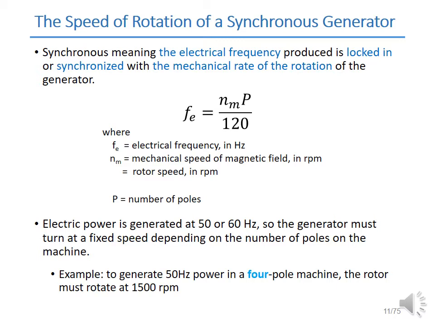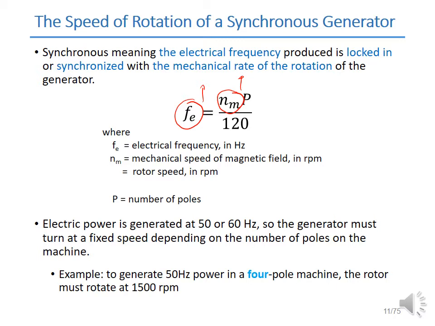So as we can see here, the frequency of the electrical output is a function of the speed of the generator. It's directly proportional, which means that if you want to, for example, double the frequency, then we need to double the speed of the generator.